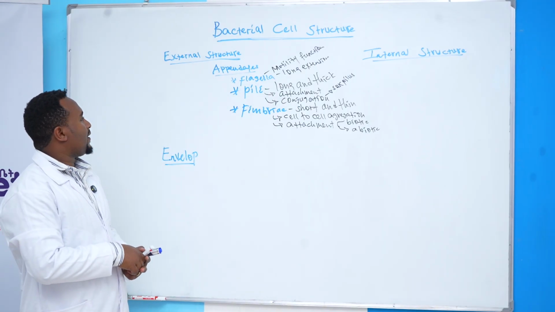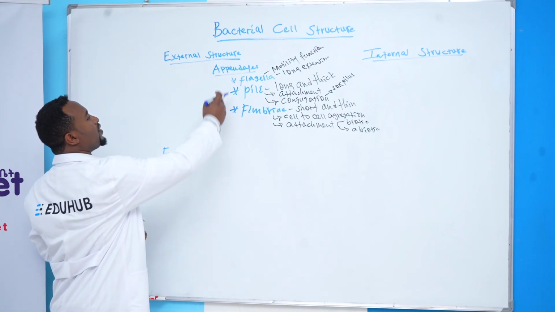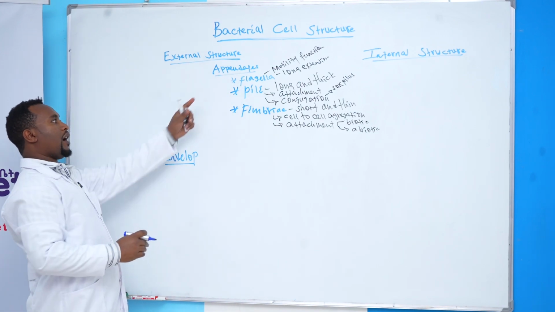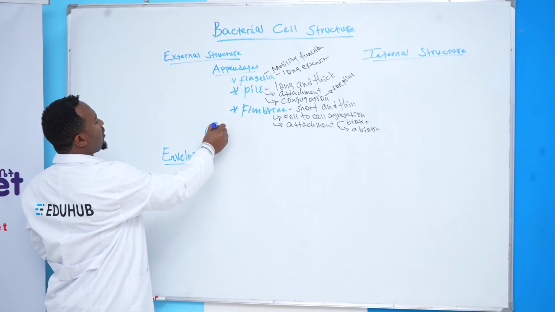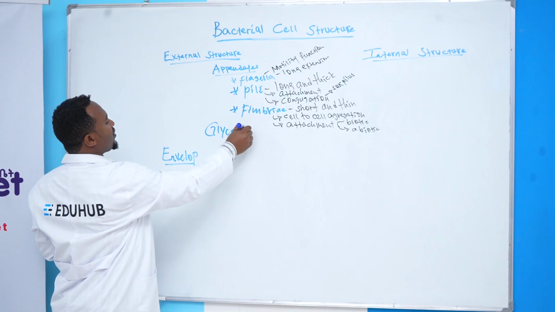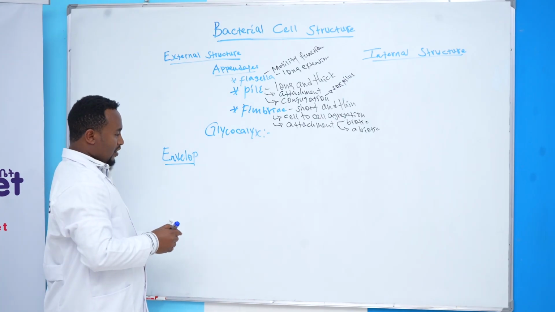There are three appendages that we discussed, and the other layer is the glycocalyx. The glycocalyx is a very important structure.